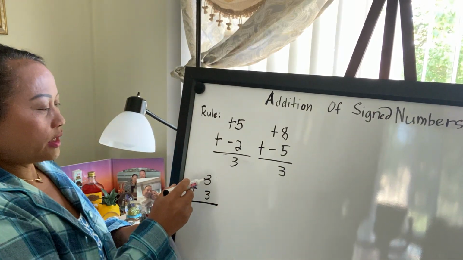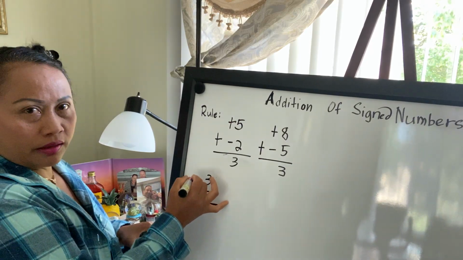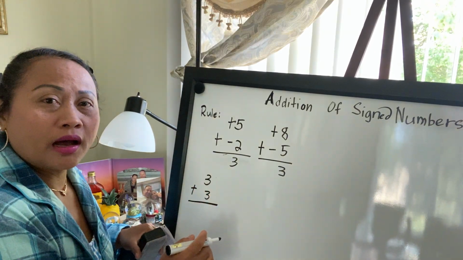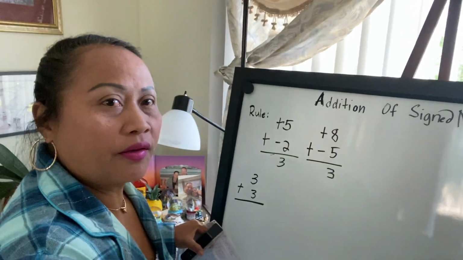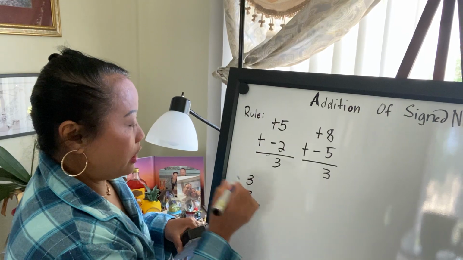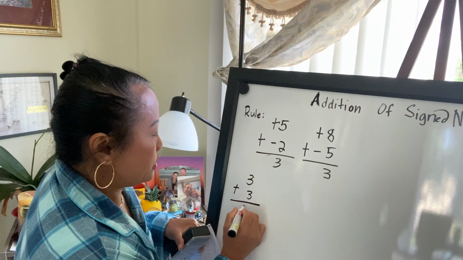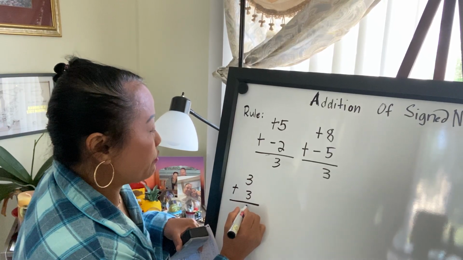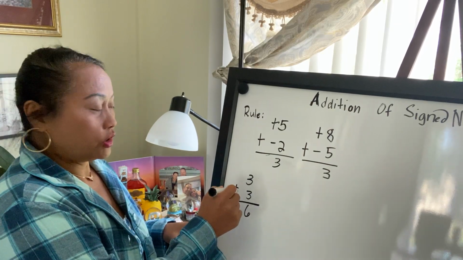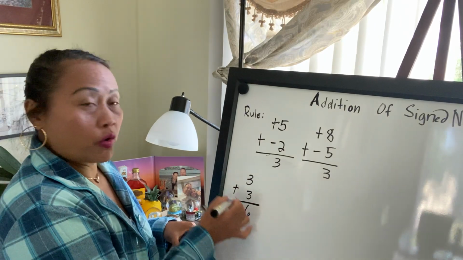Since there is no sign on this 3, it's understood to be positive. And this 3 has no sign, so it is understood to be a positive sign. So now we will find the sum, the total. The answer here is 6. And then bring down the common sign, which is both positive. So it's positive 6 or 6.